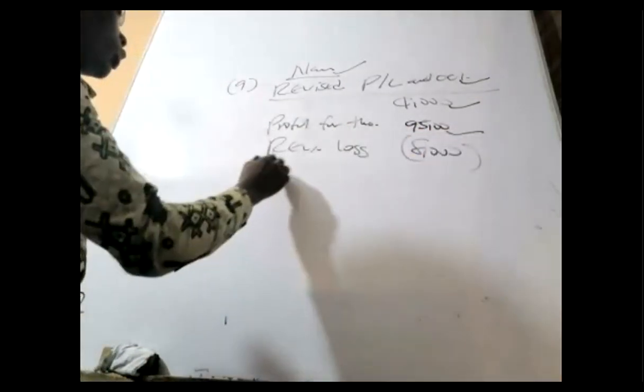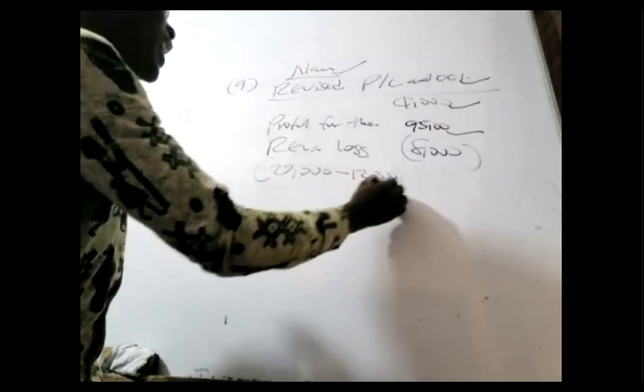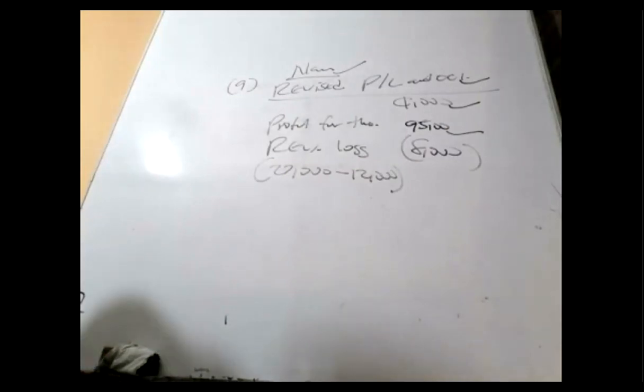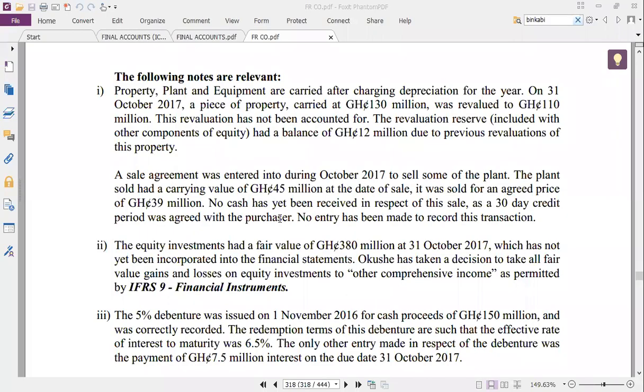Even though the loss is 20, there's a previous gain of 12, which I netted off.